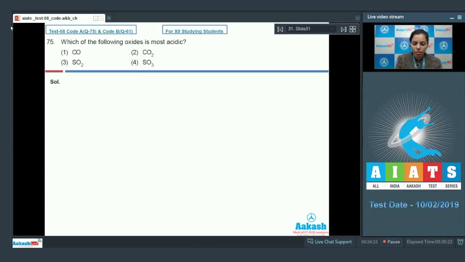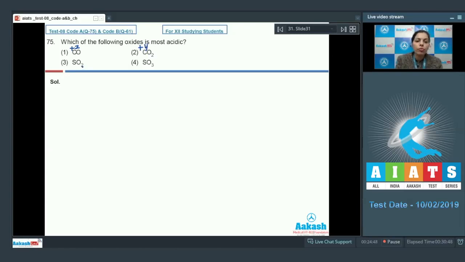After that, question number 75. Which of the following oxides is most acidic? In this case we need to just find out the oxidation number of the other element. In the first case we have carbon monoxide. The oxidation number of carbon in this case is +2. Next, CO2. In this case the oxidation number of carbon is +4.